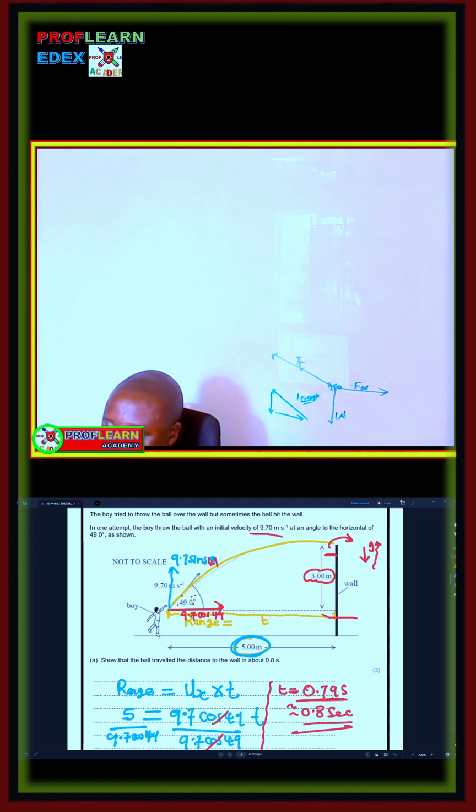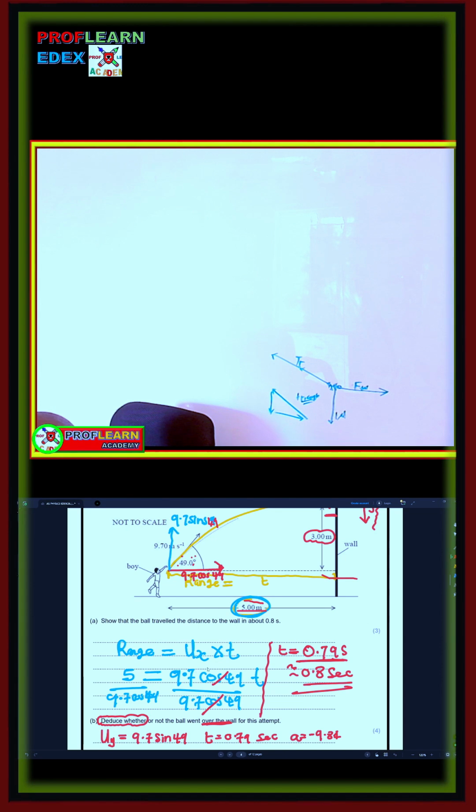Or we can use the range provided here and the time given, and use the horizontal component to check whether we get the same time, because the range is the initial velocity in the x direction times time. Then we say that will be 5 divided by the horizontal component, which is going to give us 0.8, and that is correct.